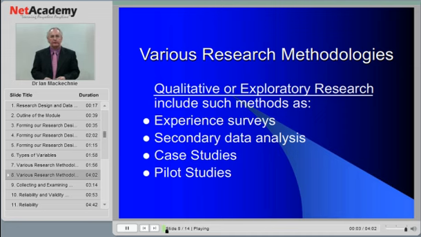The sort of qualitative or exploratory research that is often undertaken includes experience surveys. In other words, people involved perhaps in a particular business situation or a particular business context are surveyed and are provided with a series of questions.